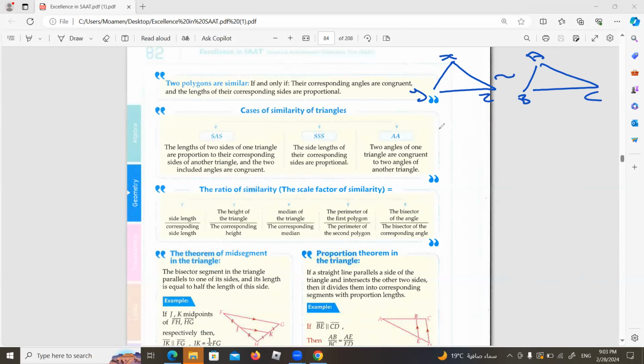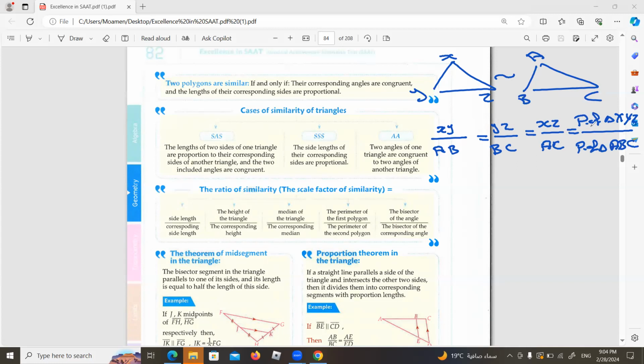You will deduce that XY over AB equal to YZ over BC equal to ZX over AC. This is right, but it's not completed. Equal to the perimeter of triangle XYZ over the perimeter of triangle ABC.